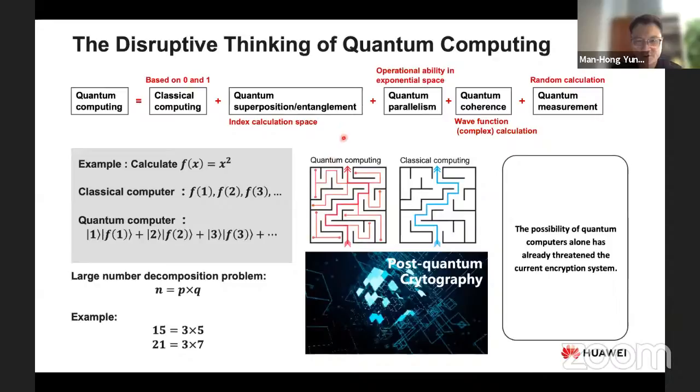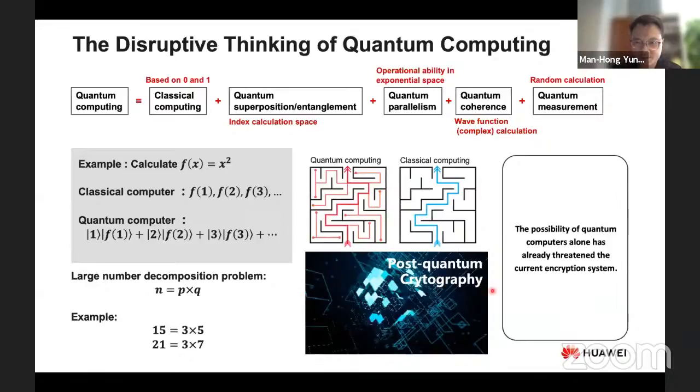And as you know, in the beginning we had Shor's algorithm, and even though we don't have a quantum computer right now, or a very clear plan for when we'll have one, people already started working on post-quantum cryptography.